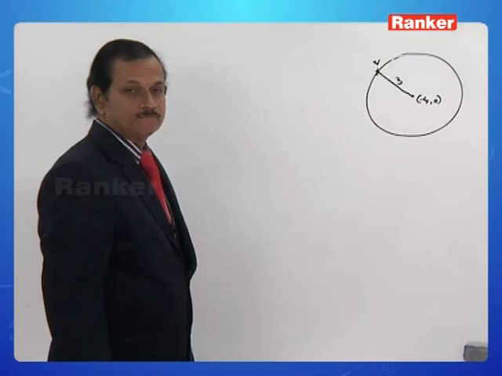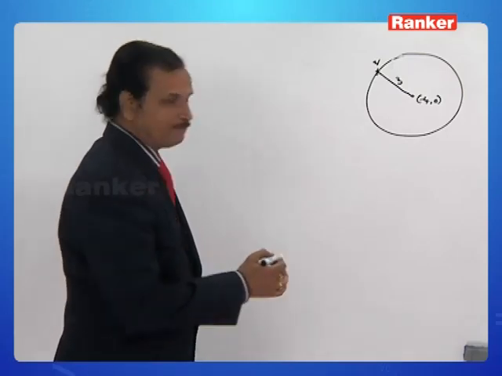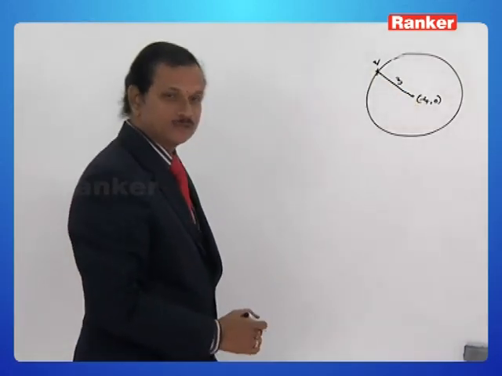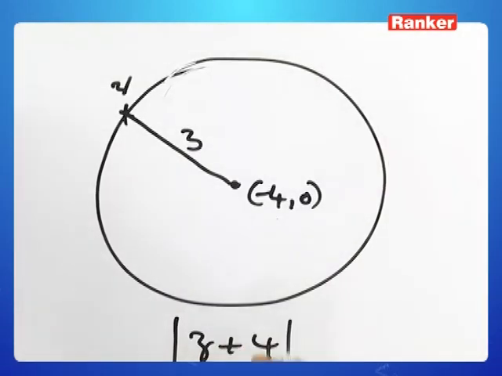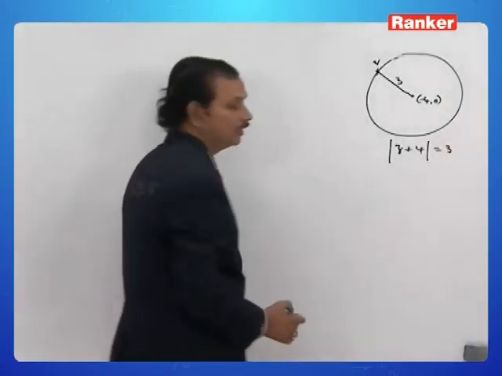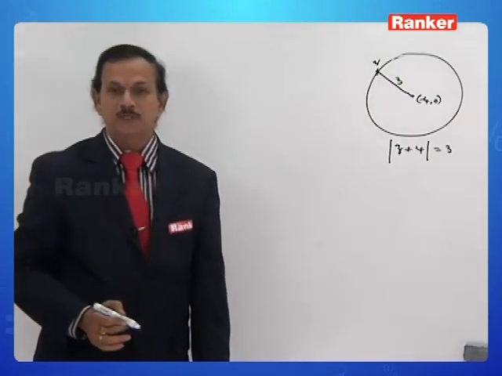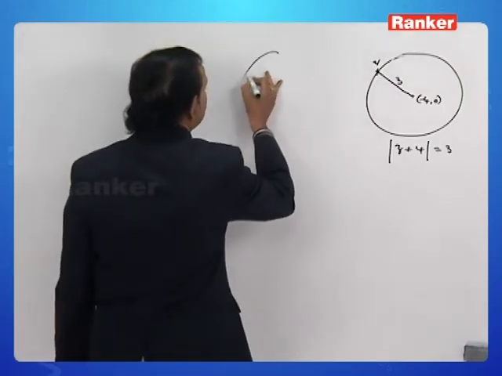If the complex number z lies on the boundary of the circle, what should happen? This distance must be 3 units. That is, mod z plus 4 is equal to 3. There might be another case also. What is that case?